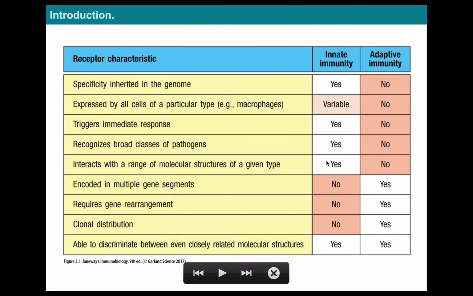So yeah, it's going to interact with a range of molecules, even though they're slightly different. It's still going to be able to bind them within limits. If a bacterium comes up with a new way to modify this molecule, it may not bind to the pattern recognition receptor that used to bind it. So take that yes with a grain of salt there.